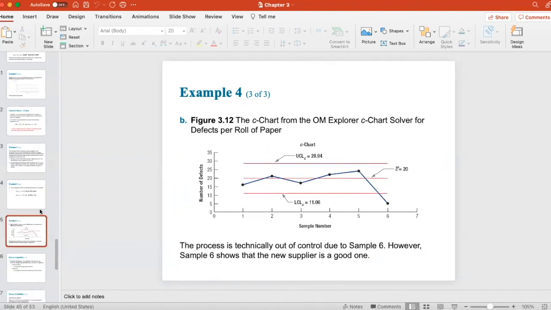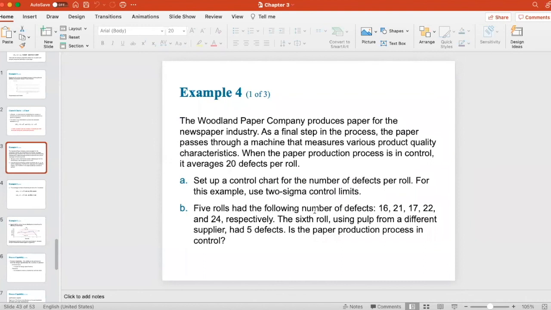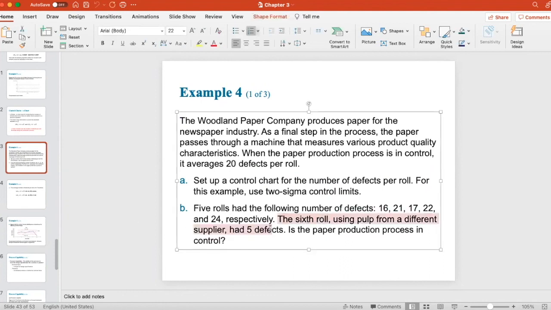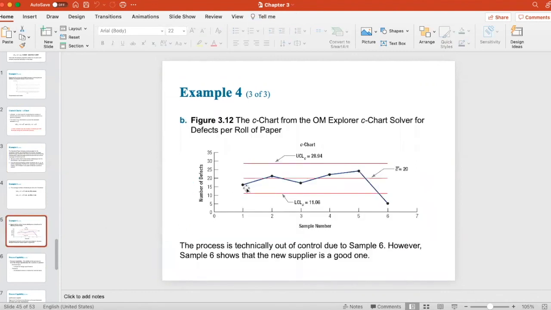In part B, I already tell you that the number of defective parts within each row is 16, 21, 17, 22, and 25 for the first 5 rows. The 6th row would have 5 defects. So you can very easily plot every dot corresponding to every number shown here.